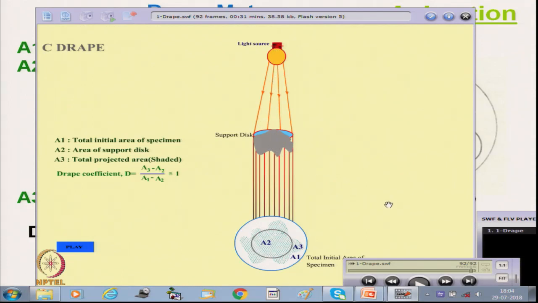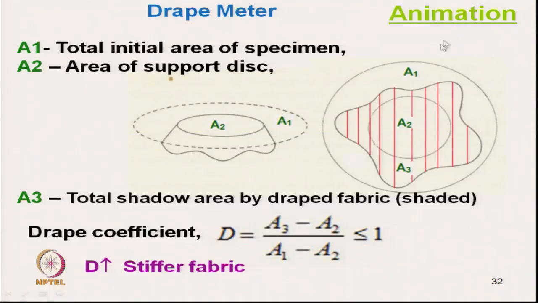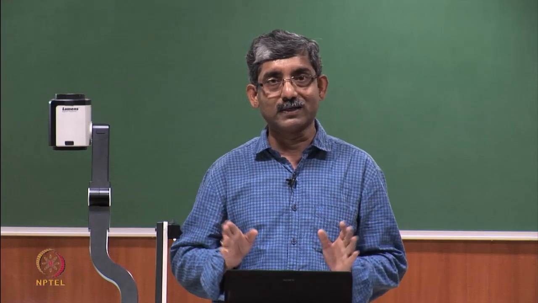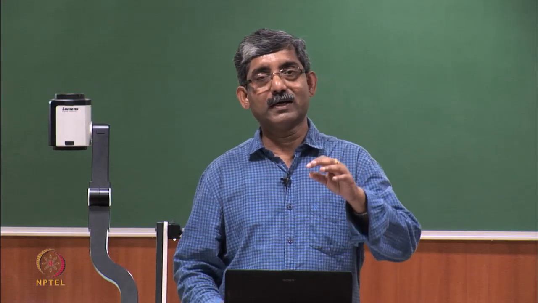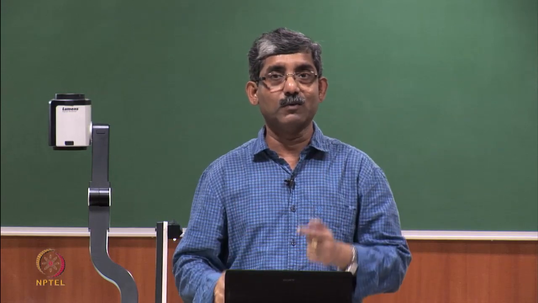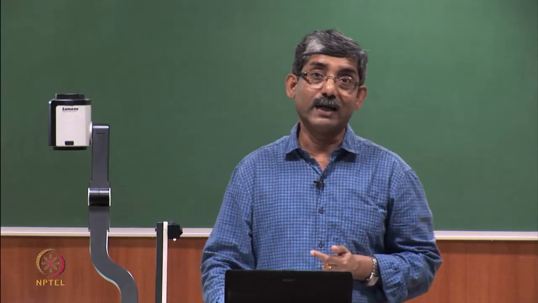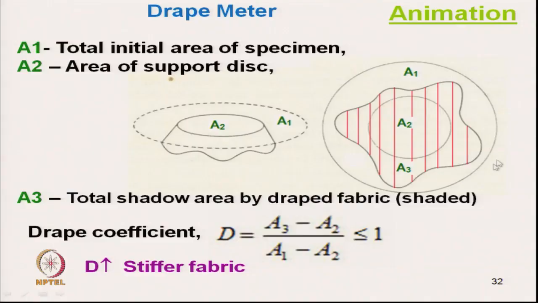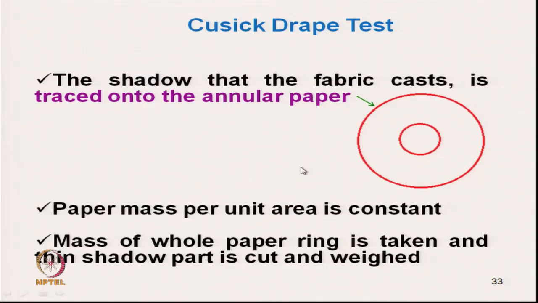To eliminate this problem, we can have a system where the light is not diverging, but projected as an exactly parallel beam. Then we will get the exact value of the fabric area, and that is done by the Cusick drape tester.